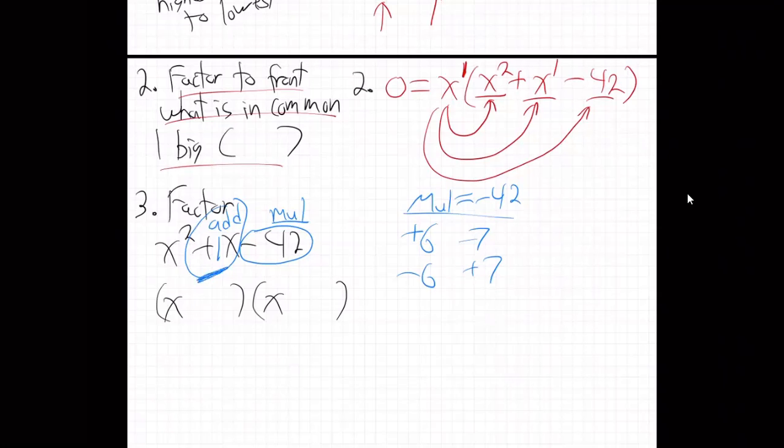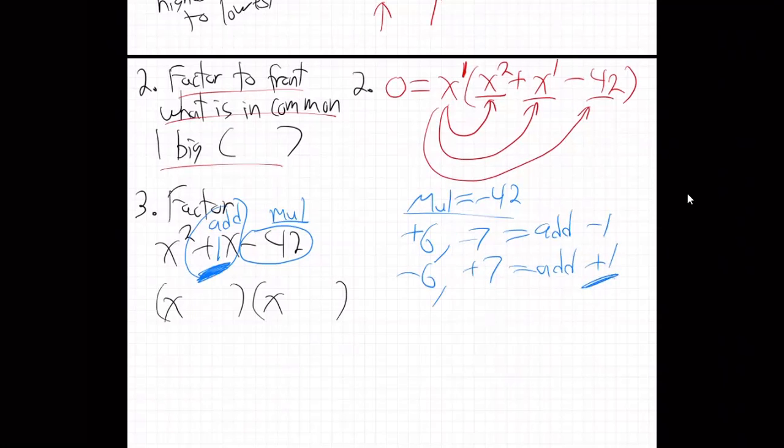Well, it has to add to be plus 1, doesn't it? They'll all multiply to be minus 42, don't they? What do they add to be? These guys would add to be minus 1. These guys would add to be plus 1. That's the right pair I want.